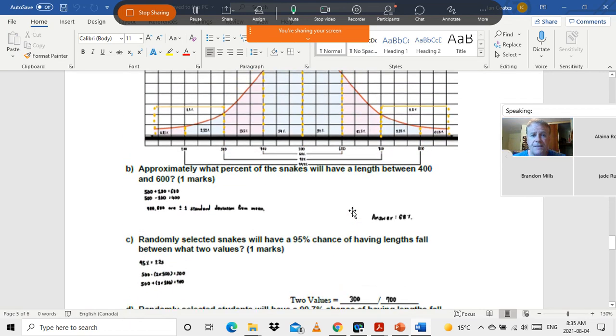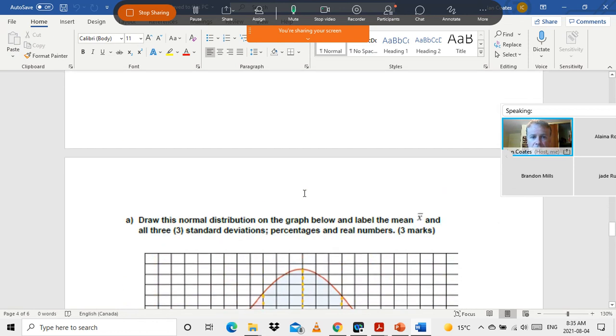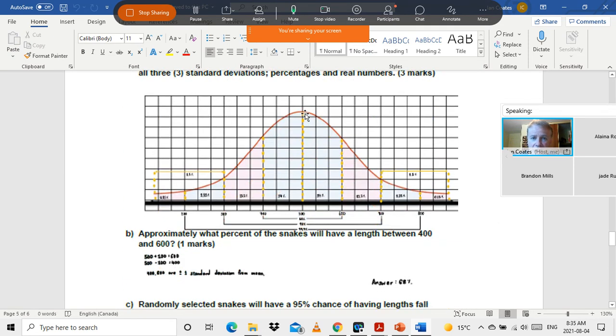So you see, I think I gave you a mean, and this was your mean, and I think the standard deviation was 100. So if your mean was 500, and your standard deviation is 100, the first standard deviation is going to fall on 400 and 600.